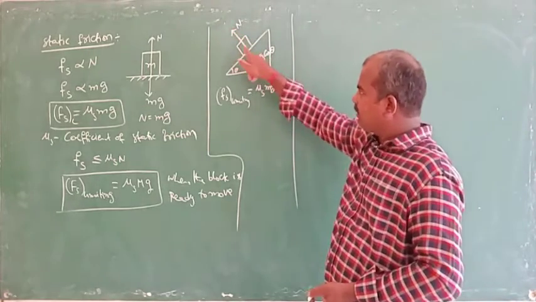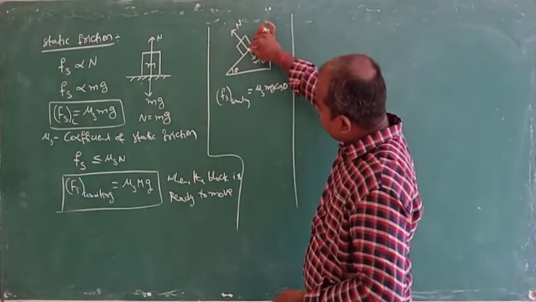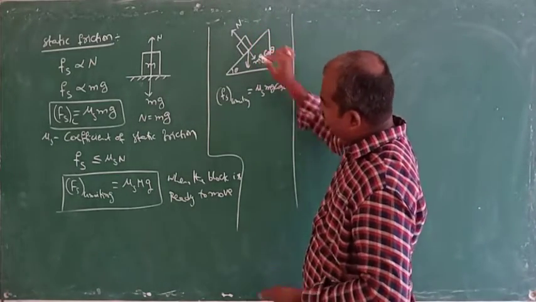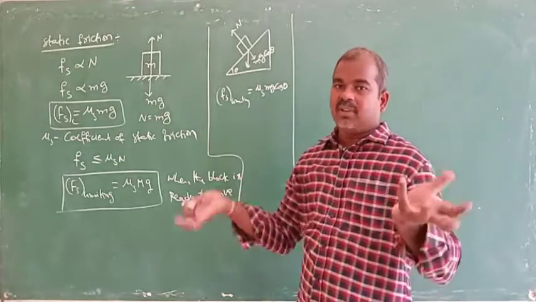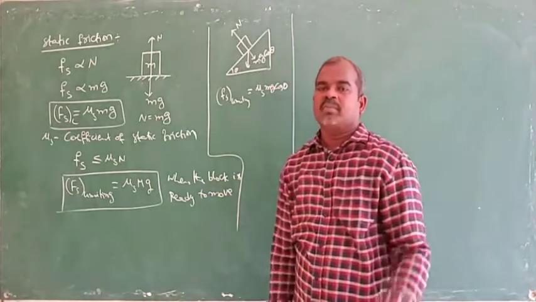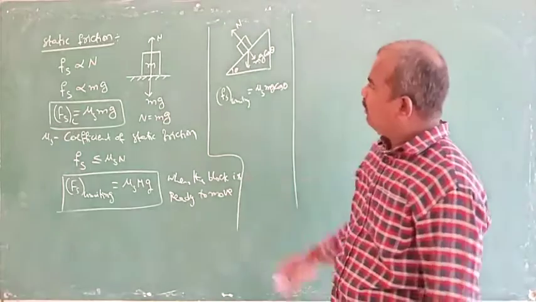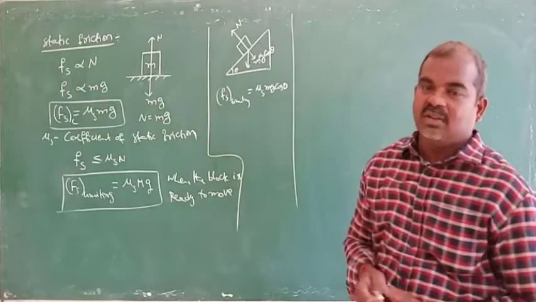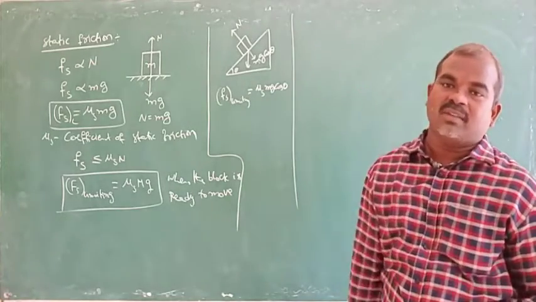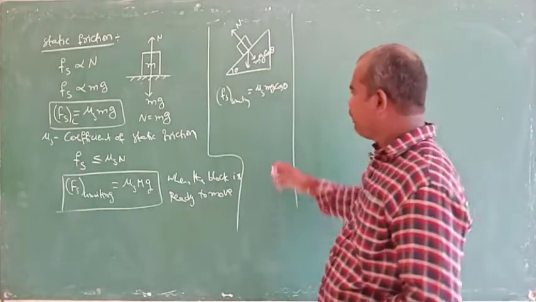Weight of the object is always acting vertically downward, whatever the surface, because gravity acts vertically downward. So normal force depends on the surface.